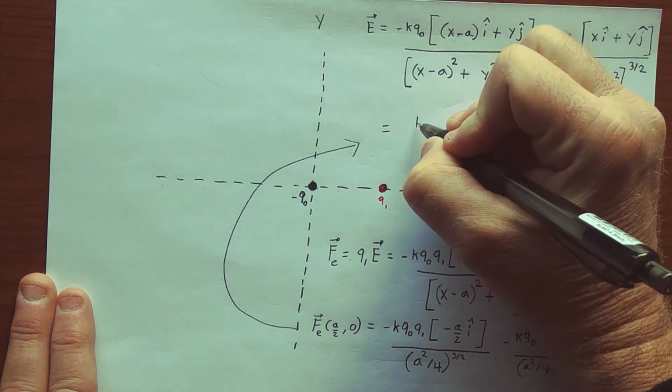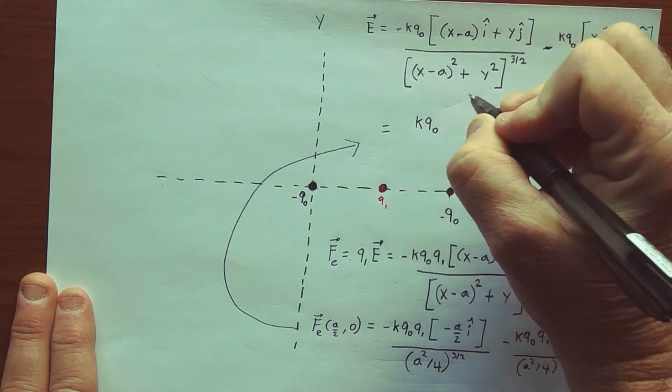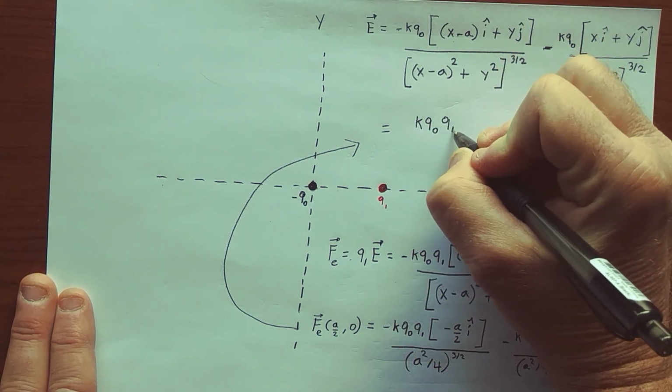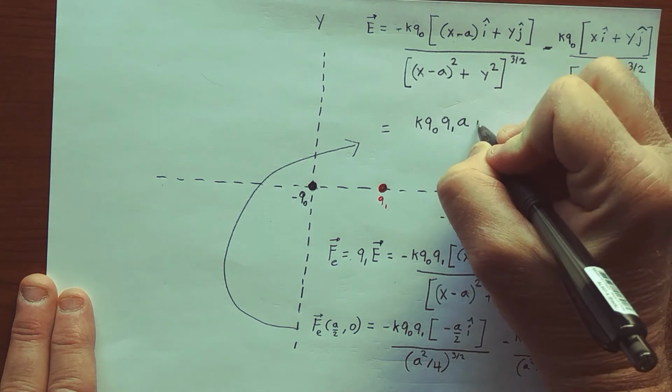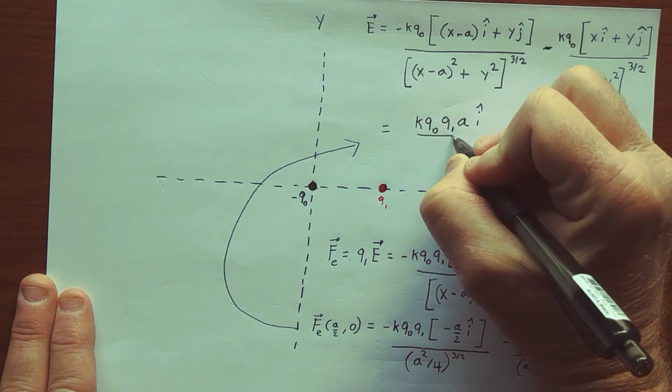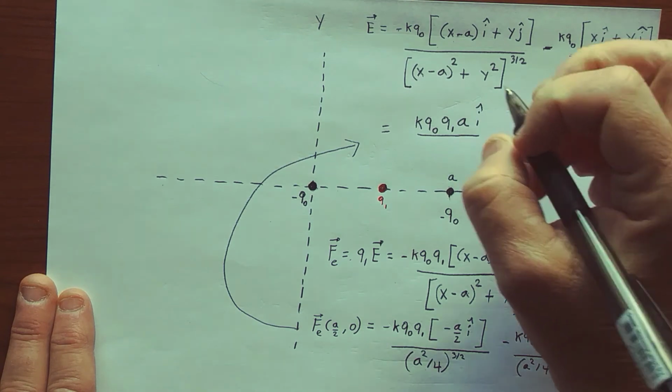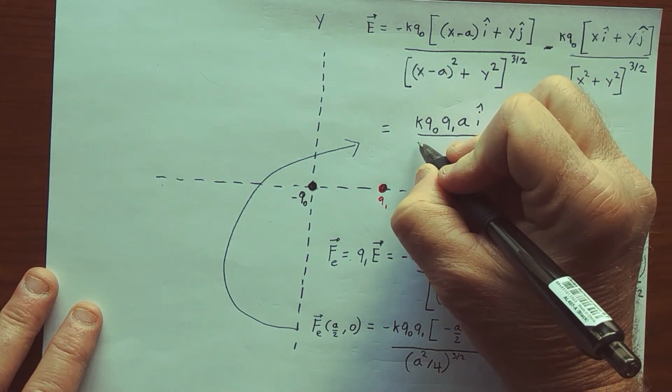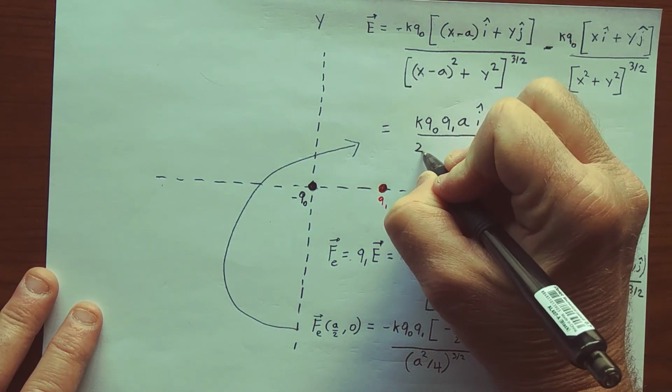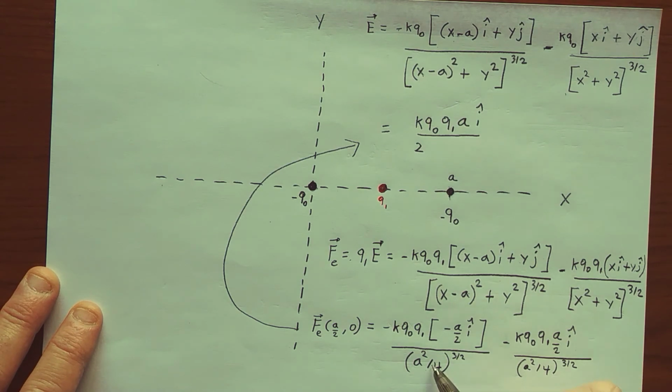We get K Q naught Q1 a i hat over 2, right, so this 2 I brought into the denominator, and then we have an a squared to the 3 halves.